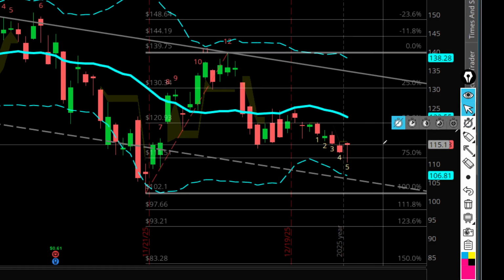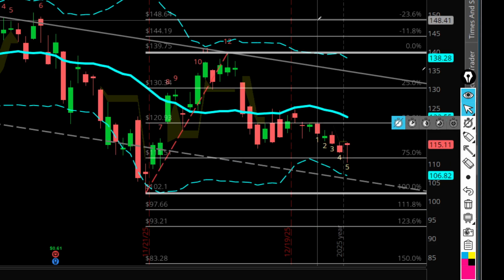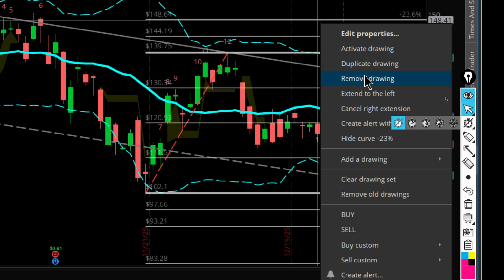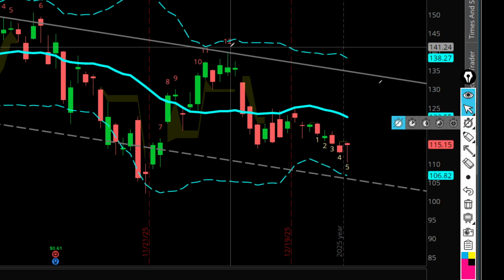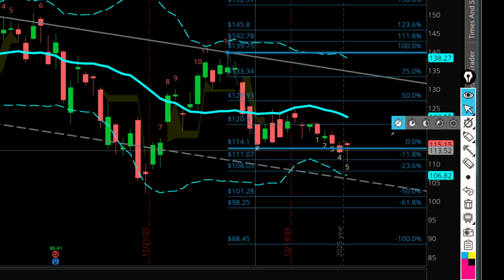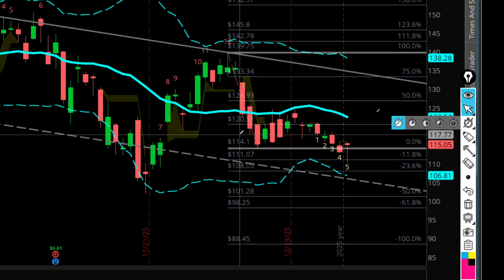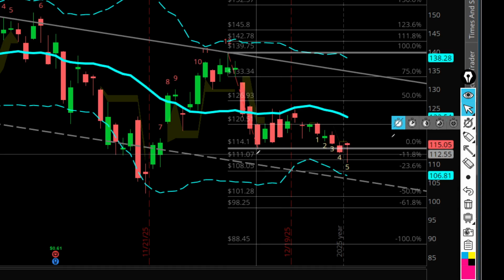We have a measured move, but there's yet another measured move in here. I don't know if you guys see it or not. That is from here to here. There to there.